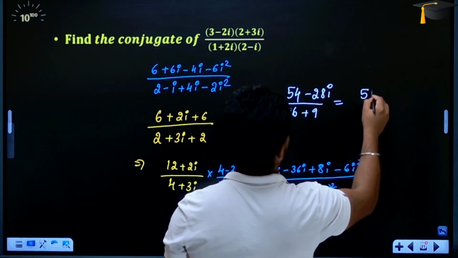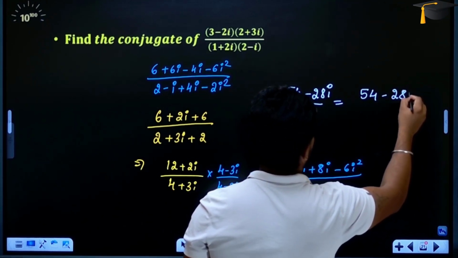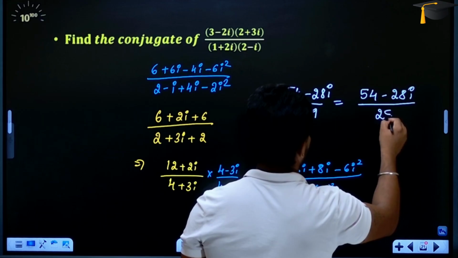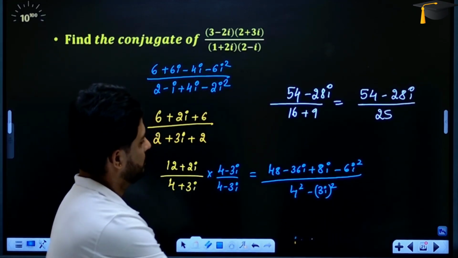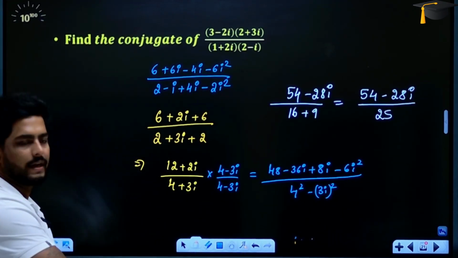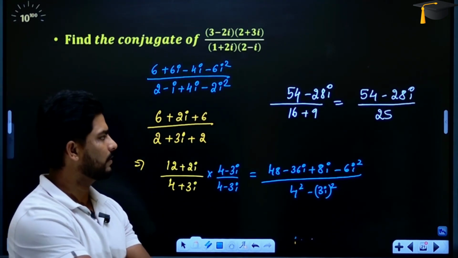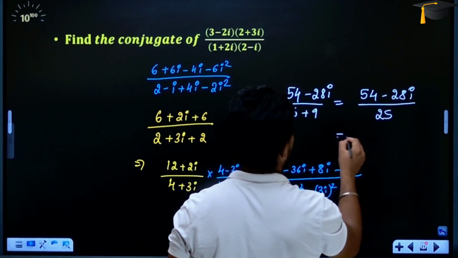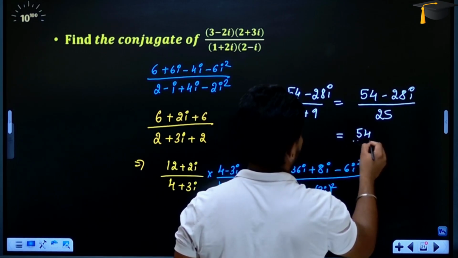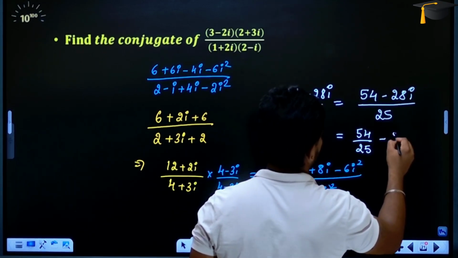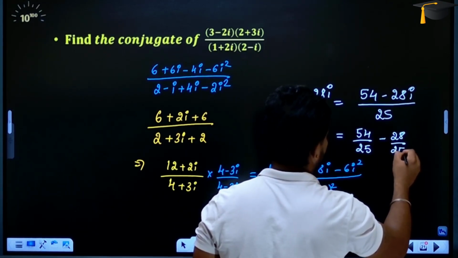So it is 54 minus 28i divided by 25. Correct? 16 plus 9 is 25. So 54 by 25 minus 28 by 25 i.